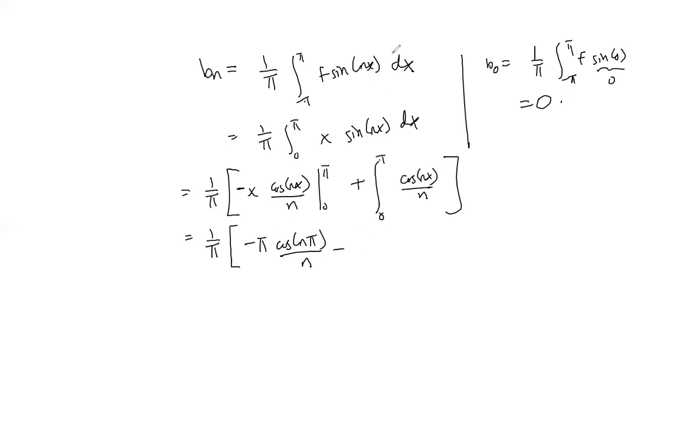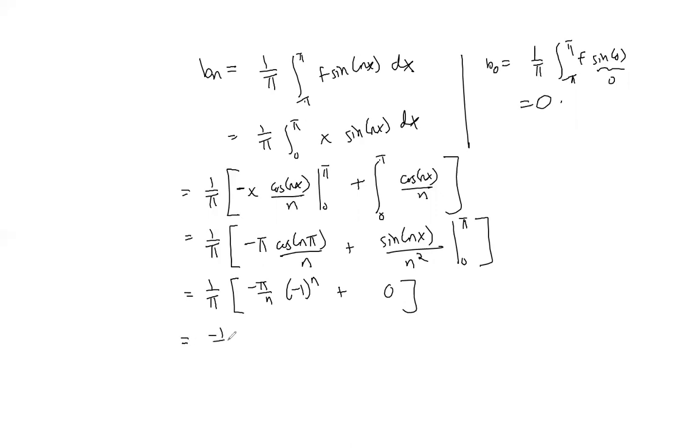And then when you plug in 0, you're just going to get 0. Okay, and then you get the integral of sine x over n squared from 0 to pi. Okay, and now you can evaluate this. This is -1 to the n. And this is just 0, always, right?